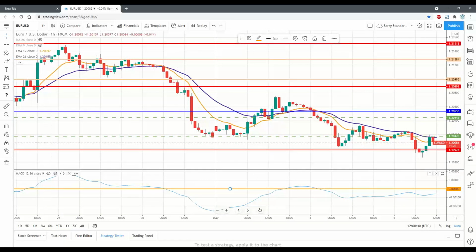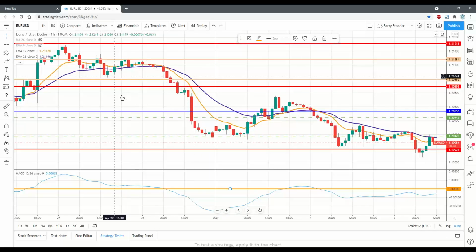Above that zero line, we know it's a positive value. That positive value tells us the shorter term EMA is larger than the longer term EMA, as you see up here. When we see it go into negative numbers, we know the reverse is taking place. But again, that just doesn't help us much. That's simply a moving average strategy.